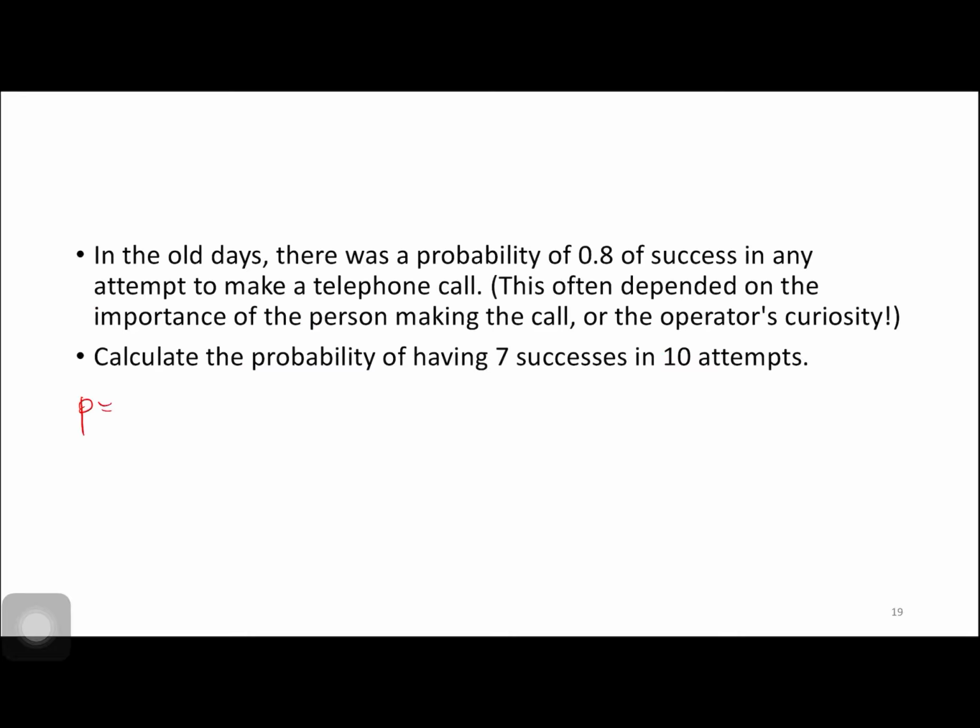So we have there, P is 0.8, Q is 0.2. Okay? Our N is 10, our R is 7. So we have here, P of R equal to 7 is equal to 10C7 times 0.8 raised to 7 times 0.2 raised to 3.